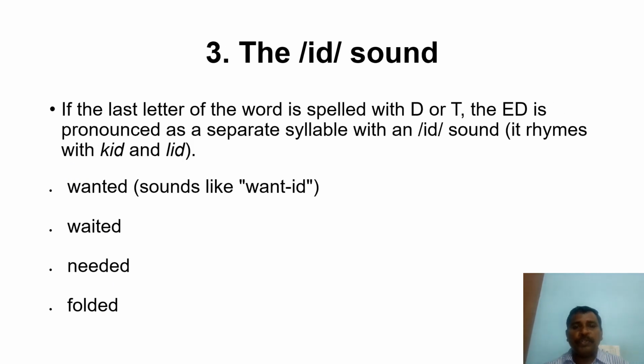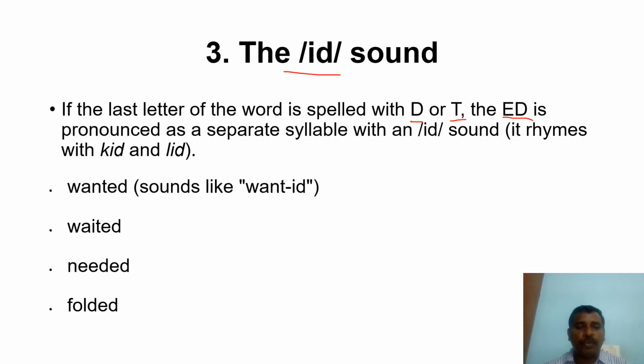The third one, the id, the pronunciation is id. It is an interesting thing. The third rule is derived from the first two rules. When the last letter before ED is spelled d or t, then when it is followed by ED, it should be pronounced as id.